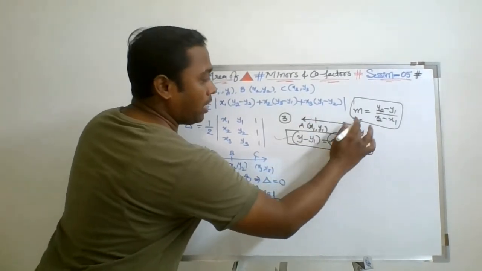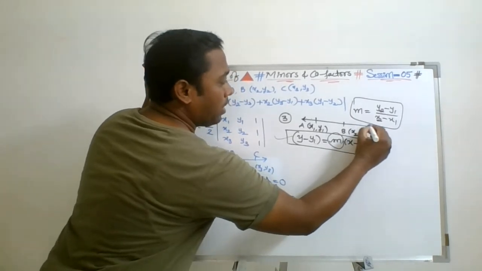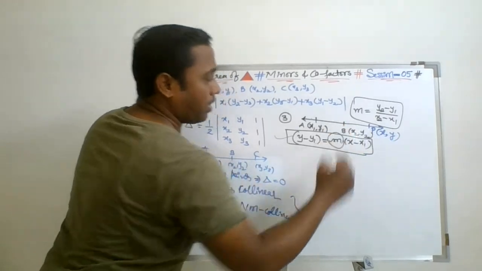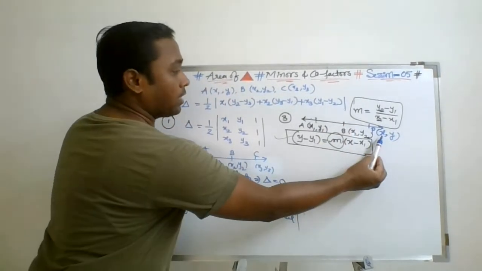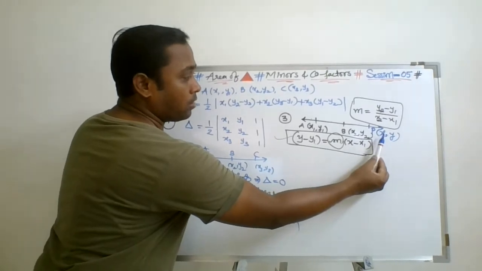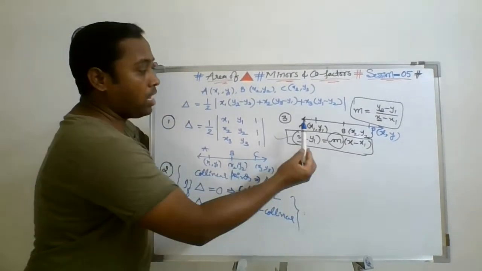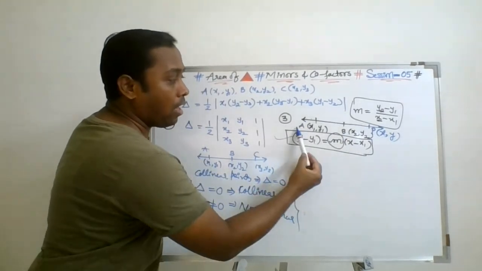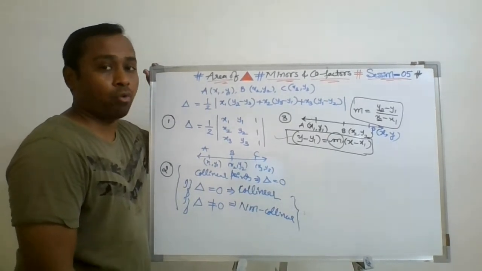Now randomly, I'm just extending the straight line here. Randomly, I am taking a point P whose coordinates are x comma y. I can take any random point on the straight line whose coordinates are unknown to me, that is termed as x comma y. So if I take like this, ultimately you will say these A, B and P are the points on the same straight line, hence they are collinear.